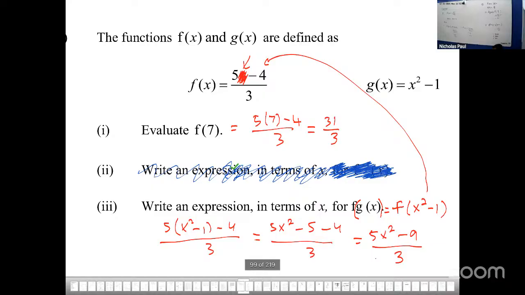You got that? You have to simplify as far down as possible. Any problems? Let's try one more now.